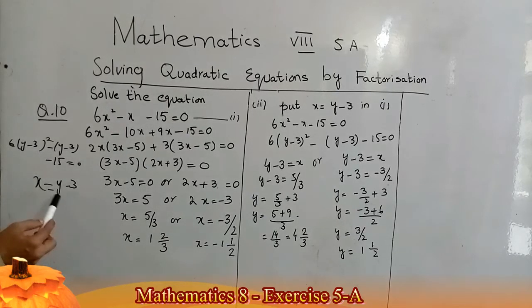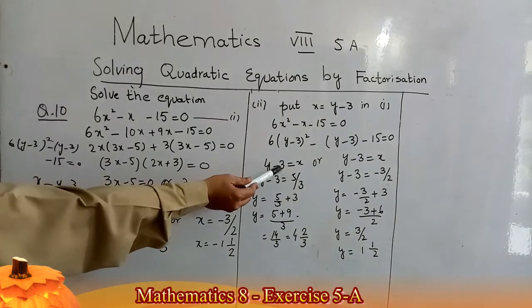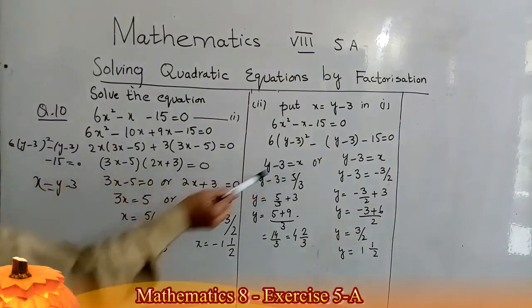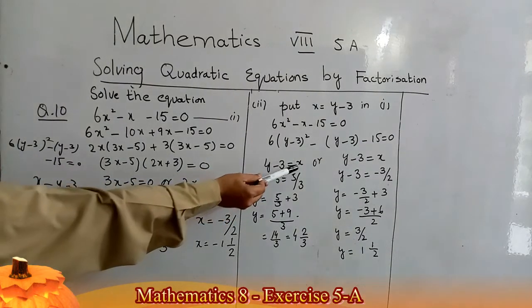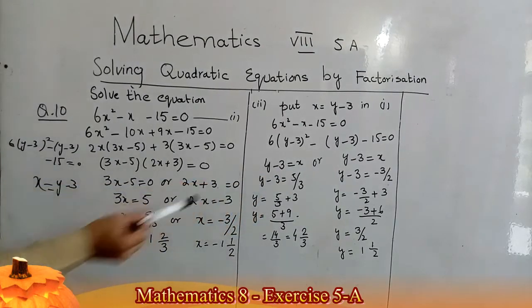Because I put y minus 3 is equal to x, or x is equal to y minus 3, first of all I will put x as 5 over 3 in this. So I will have y minus 3 is equal to 5 by 3.